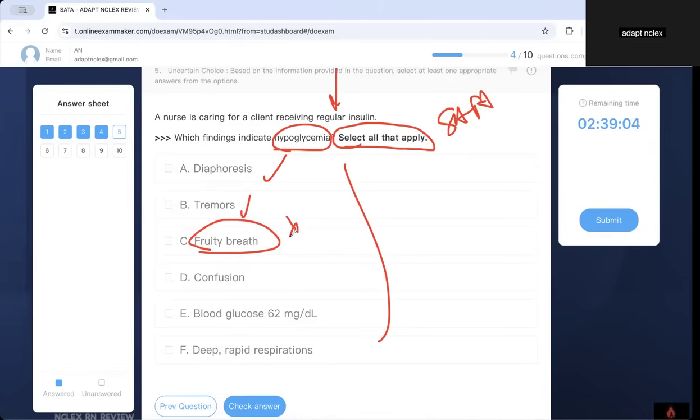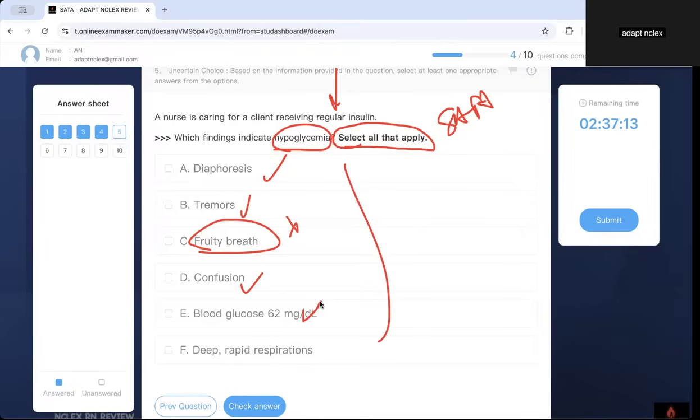Therefore, wrong answer. Confusion is because there's no energy there. My blood glucose is 62. For the NCLEX, less than 70, it is acceptable to say that when your glucose is less than 70, you are hypoglycemic. Therefore, this patient, we have a problem.